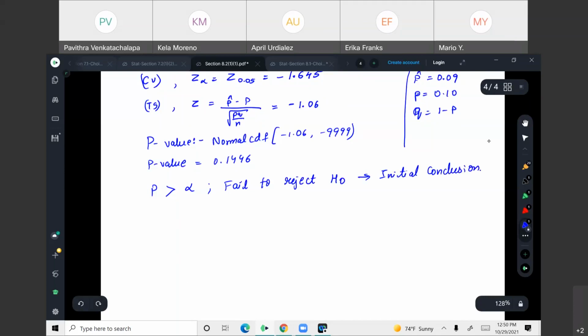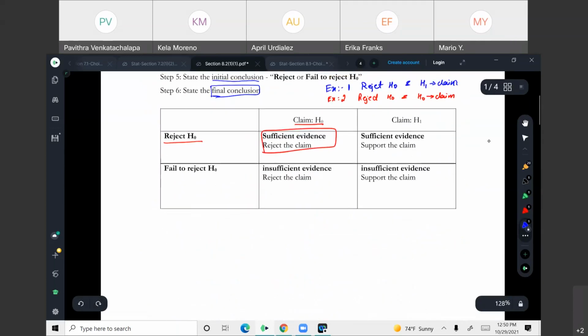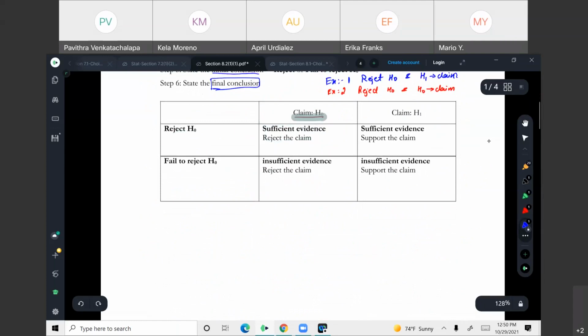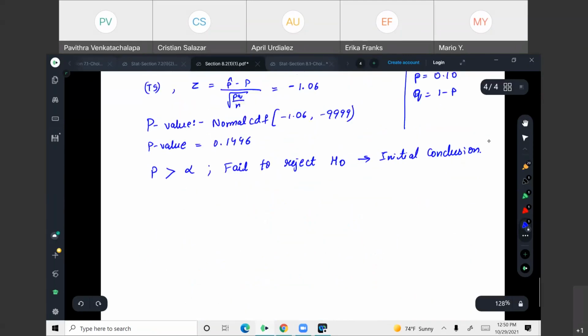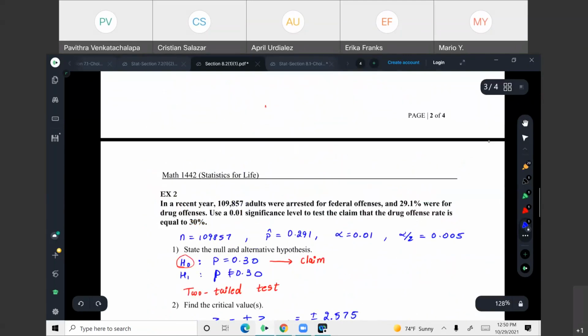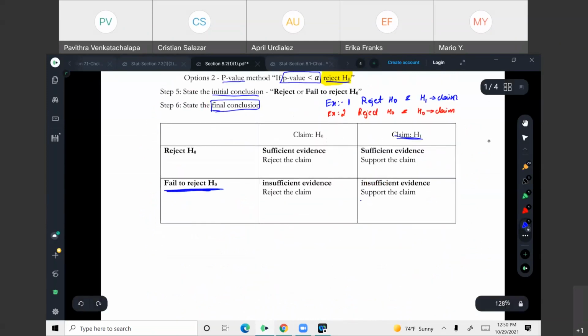And you will check the table here. It is fail to reject. So you'll concentrate only on the second row, fail to reject, and your claim is on what? Your claim is on H1, so fail to reject H1 claim. So this is your final conclusion.